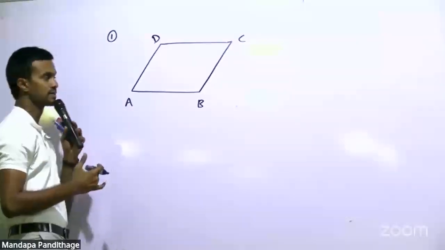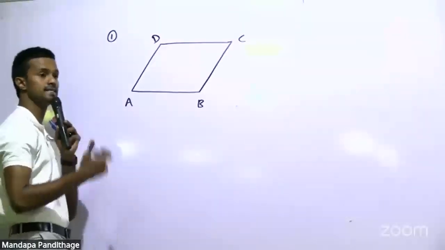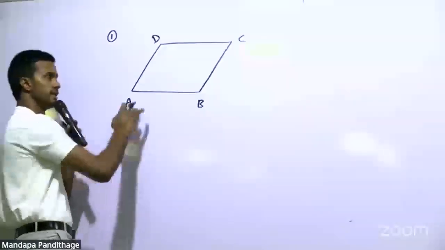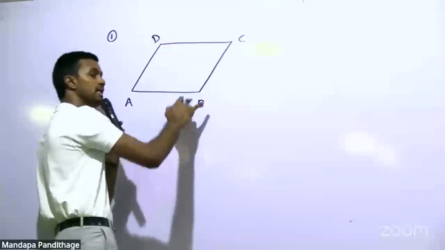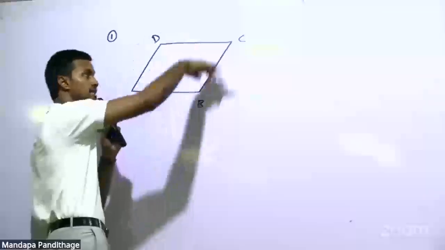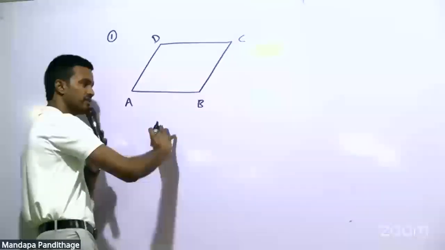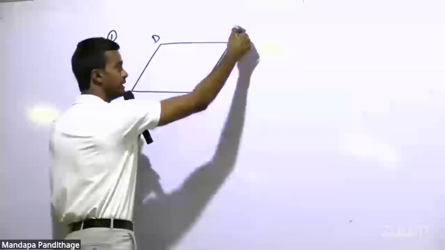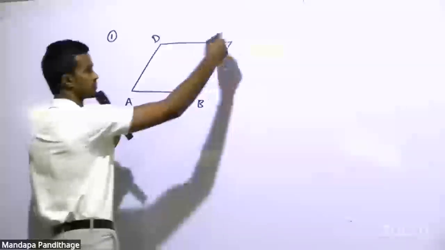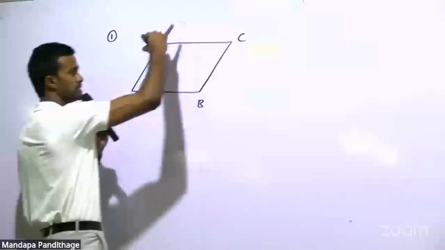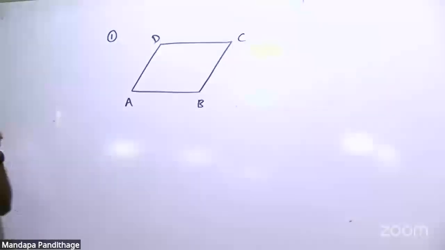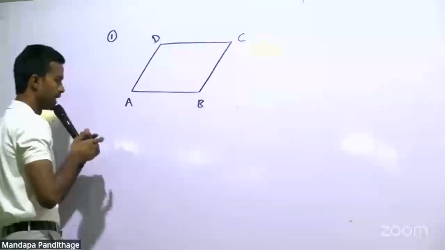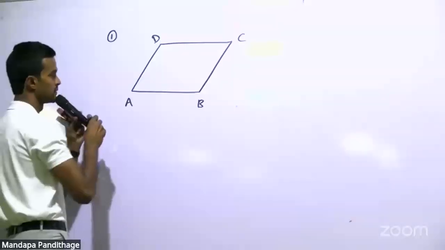Let's say there might be instances they have given ABDC. Then it should be A, B, D, and C, even though the alphabetical order is ABCD. So it should be the same sequence. So here we have ABCD, same as in the question. The two vectors: AB is equal to A and AD is equal to B.